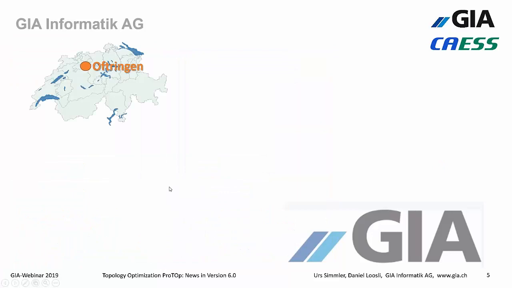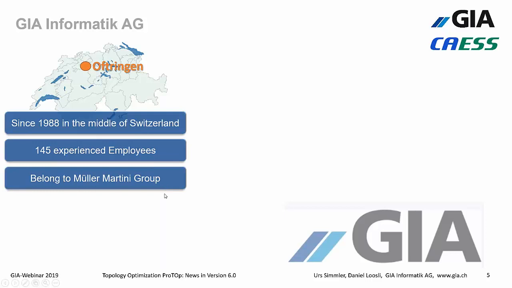A few words about the company we are working for. The company is called GIA Informatik AG. We are right now 31 years old. We are located in the middle of Switzerland, and about 160 employees are working for GIA Informatik AG. GIA Informatik AG is a daughter of a bigger company called Müller-Martini. They have about 3,000 employees.